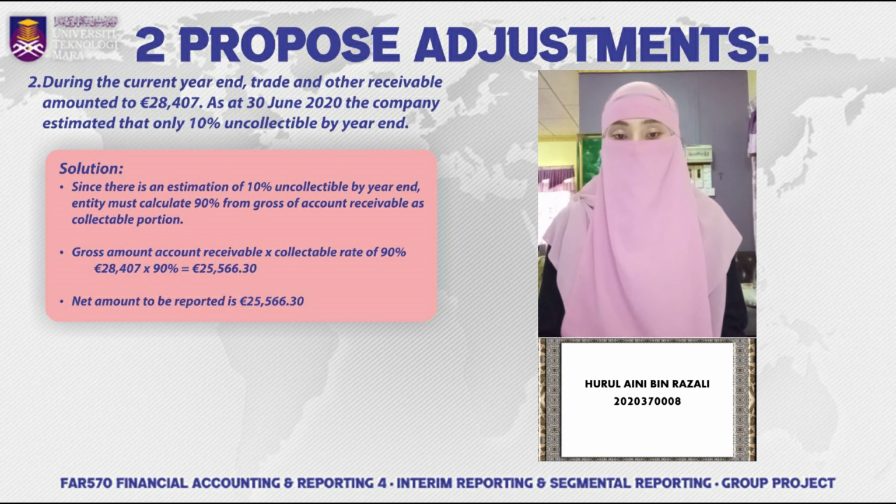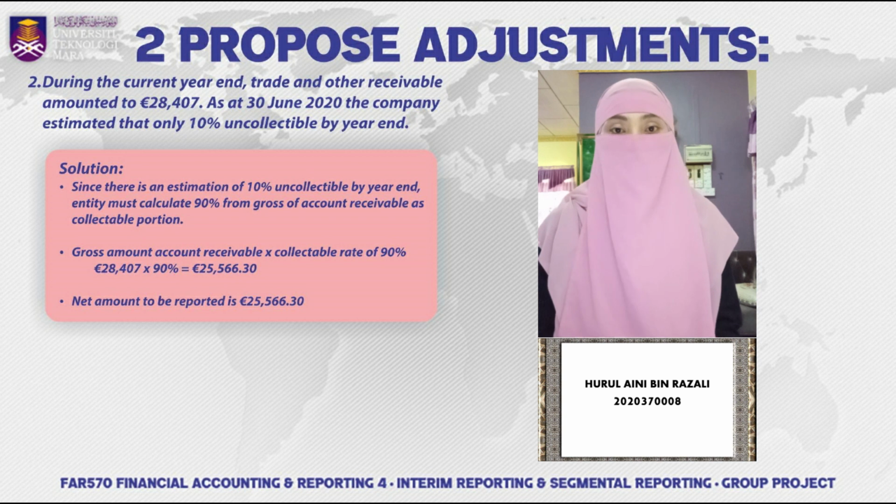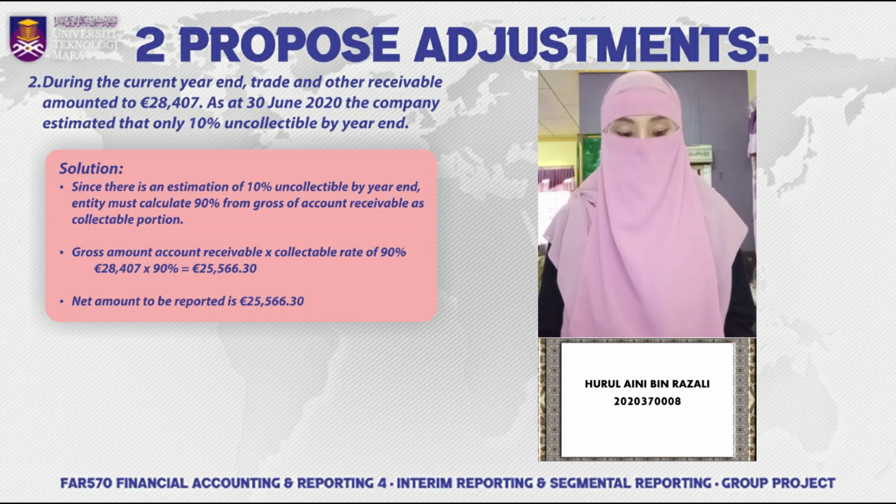Gross amount of accounts receivable times the collectible rate of 90%: 28,407 times 90% gives 25,566.30 euro. So the net amount to be reported is 25,566.30 euro.